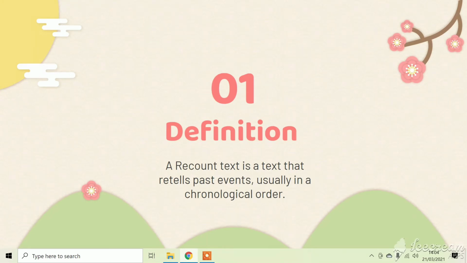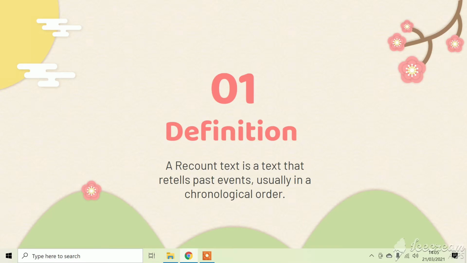And then based on the definition here, it is clear that the events are usually given in chronological order. Do you know what chronological order means? You are right.